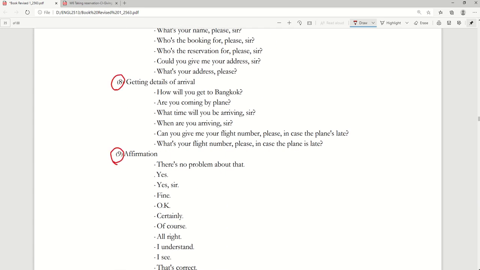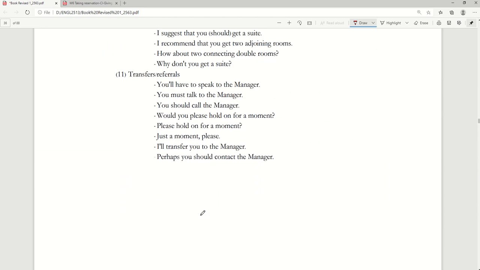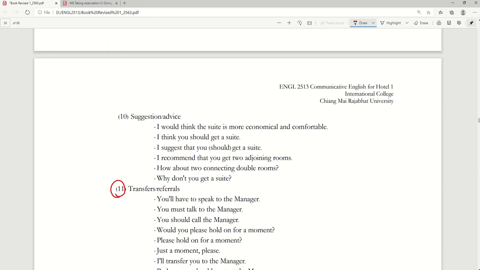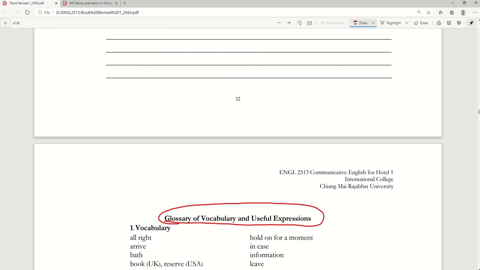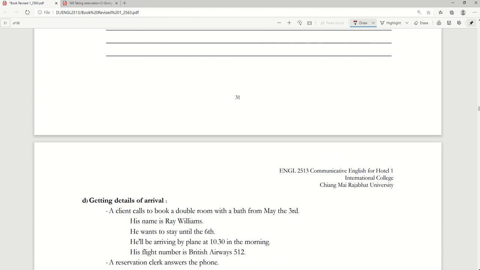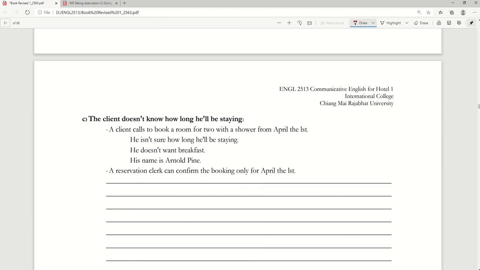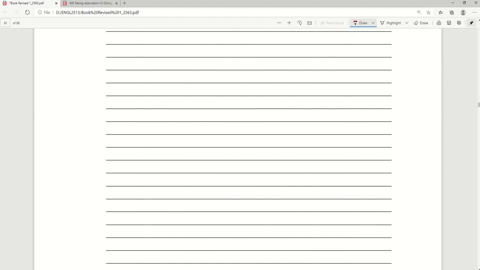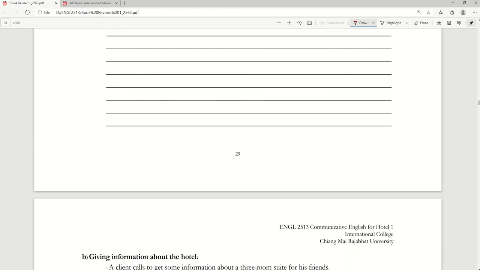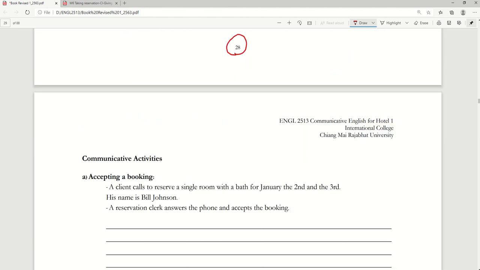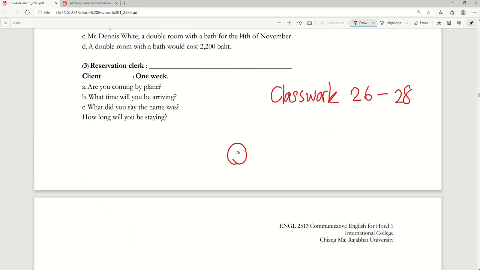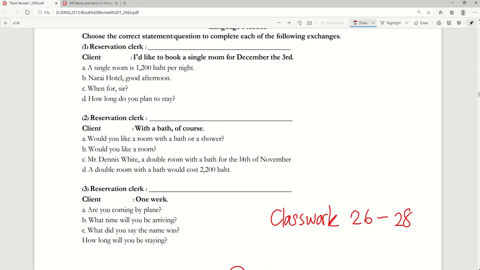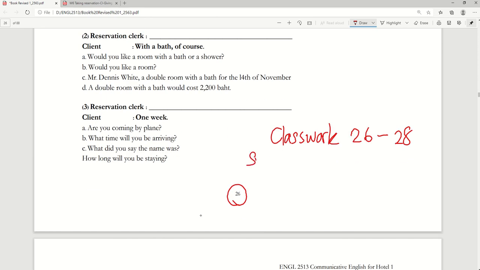So please work on the classwork and submit it in class. For section 5, you have class at 8 to 11, so finish it by 11 o'clock Thursday.